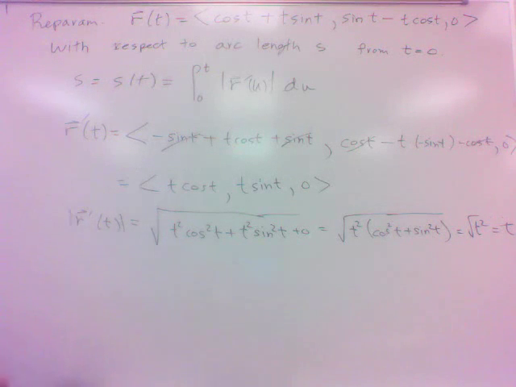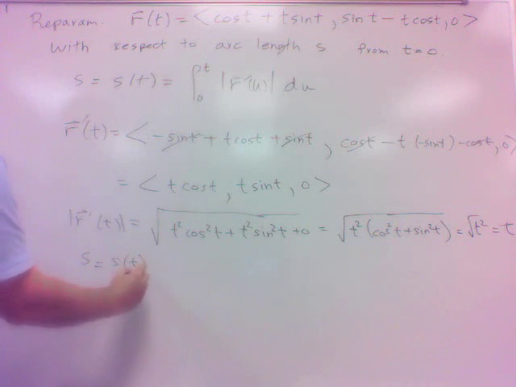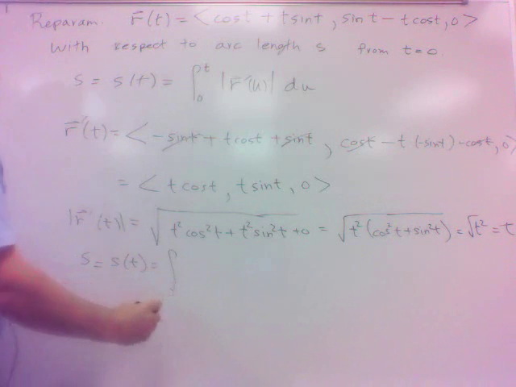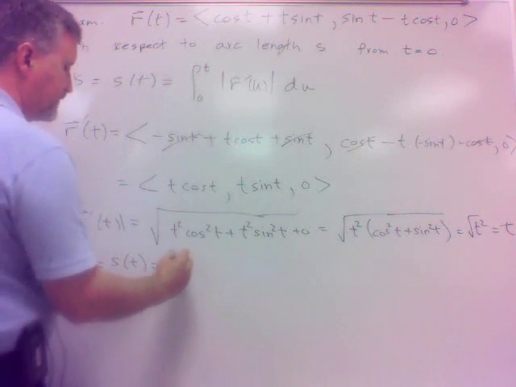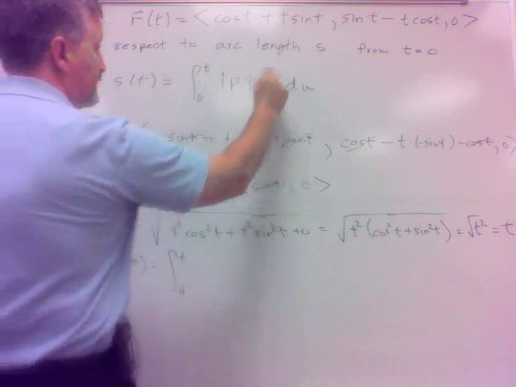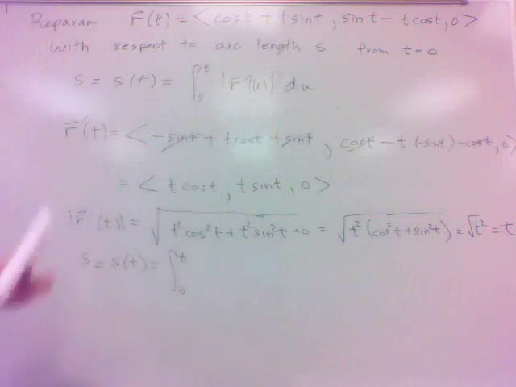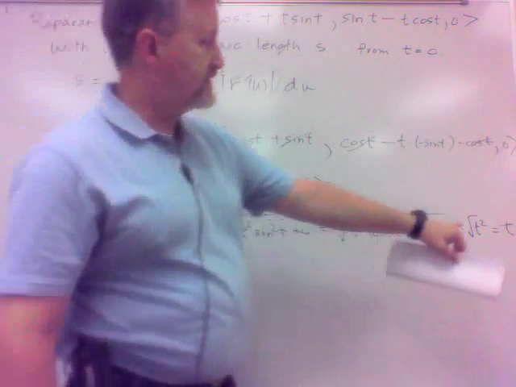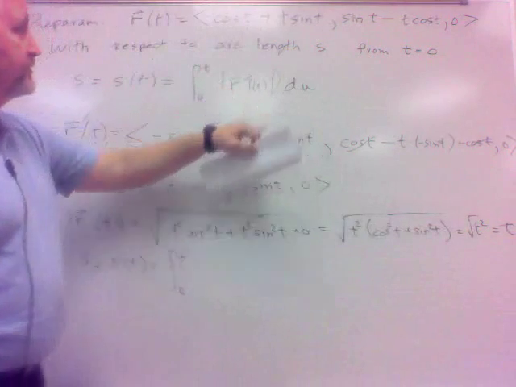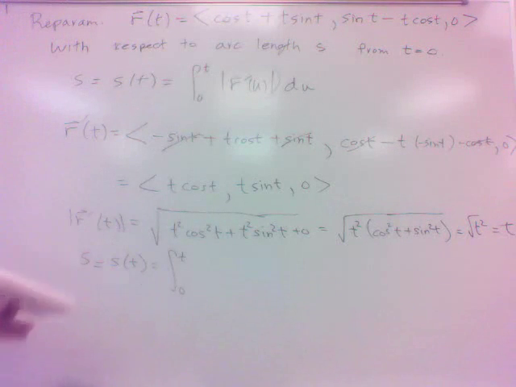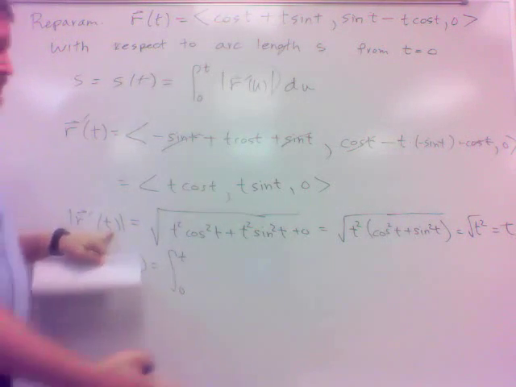All right, so back to s here. S of t is the integral from 0 to t. We know the magnitude is dependent on t, so in terms of u, it would just be u.